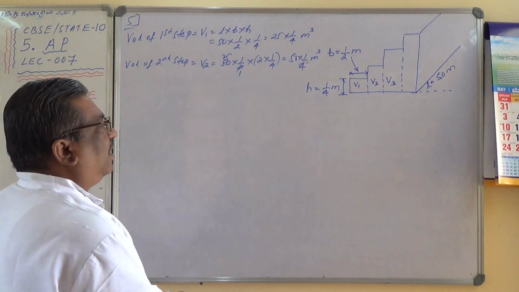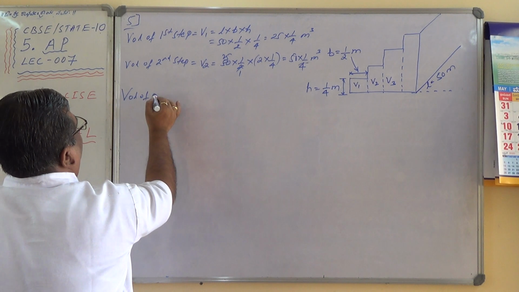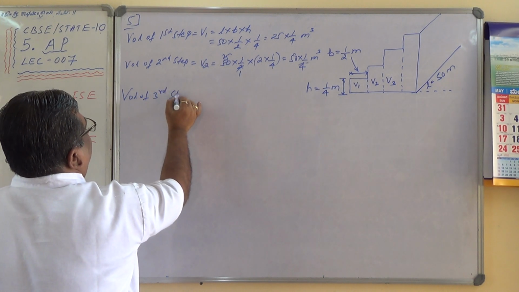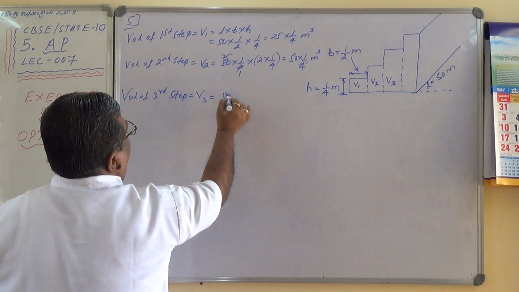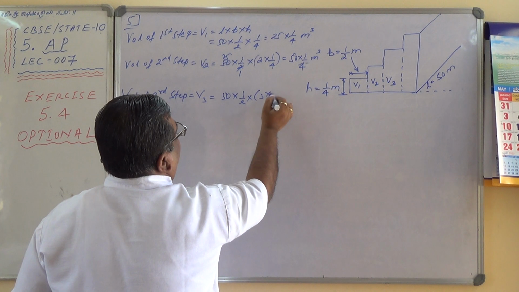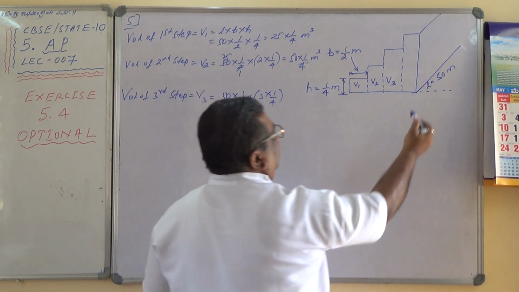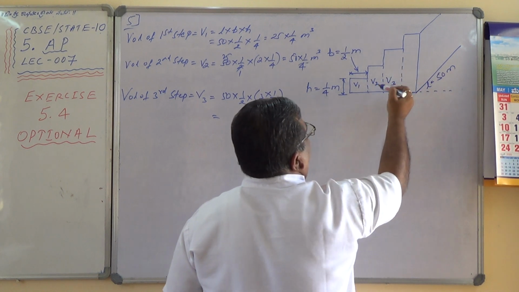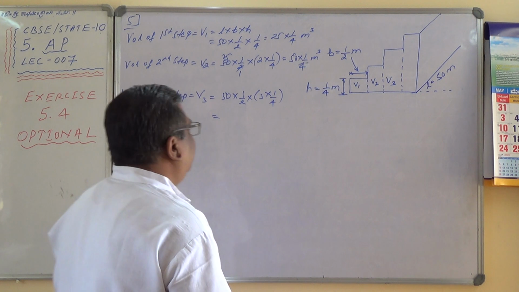Is it clear what I am doing? Similarly, volume of third step, V3, equals 50 into 1/2 into 3 times 1/4. Why 3 times 1/4? Check here, length into breadth into 1/4, 1/4, 1/4, 3 times 1/4.